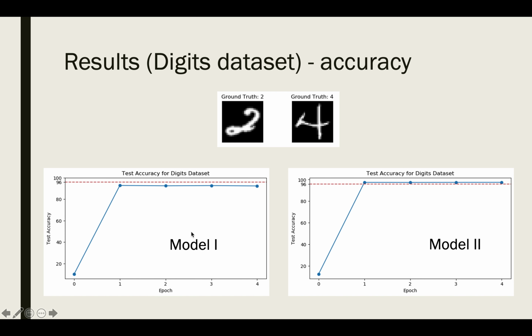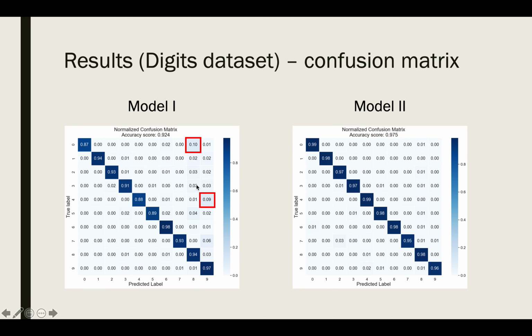But when we compare the accuracy of these two models, it is clear that on the test set, model 2 performs slightly better compared to model 1. And here we can also compare the confusion matrices of these two models, and model 2 performs really well.